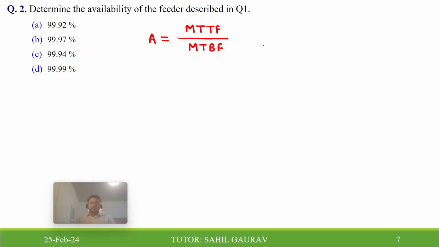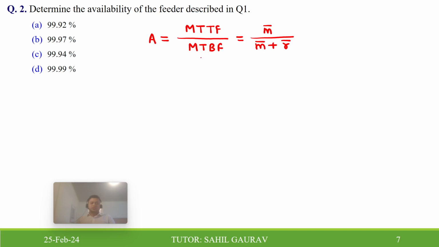Mean time to failure is m bar, and mean time between failure is m bar plus r bar.